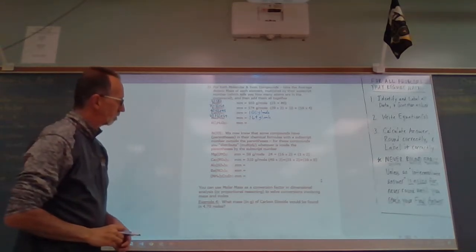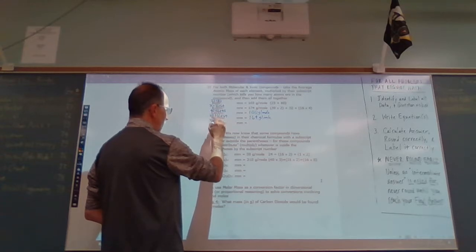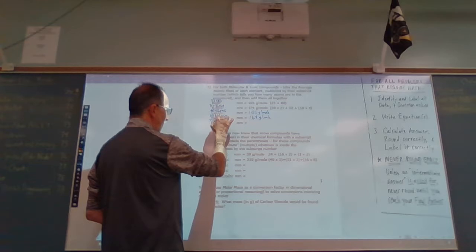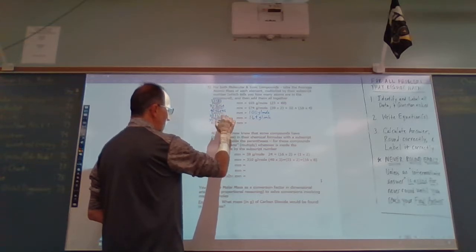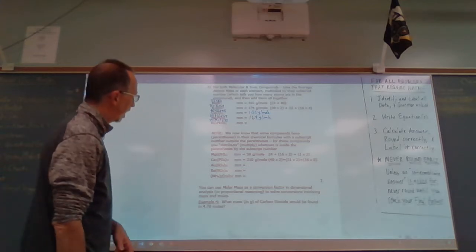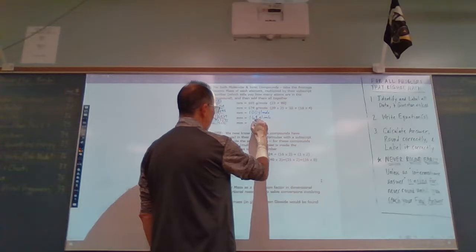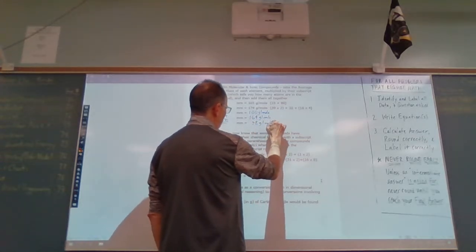Potassium acetate, K is 39. 2 carbons, 12 times 2, 24. 3 hydrogens, 1 times 3, 3. 2 oxygens, 2 times 16, 32. So we got 39, 63, 66, and 32, 98 grams per mole.